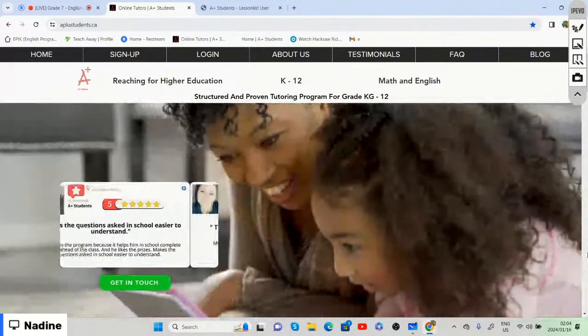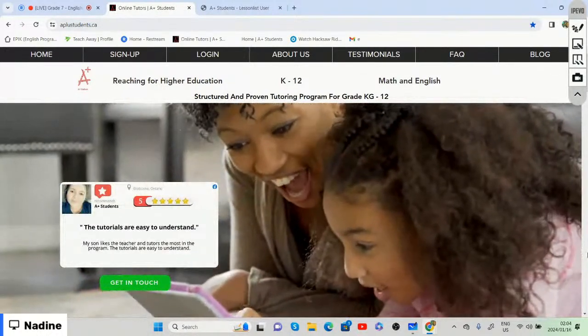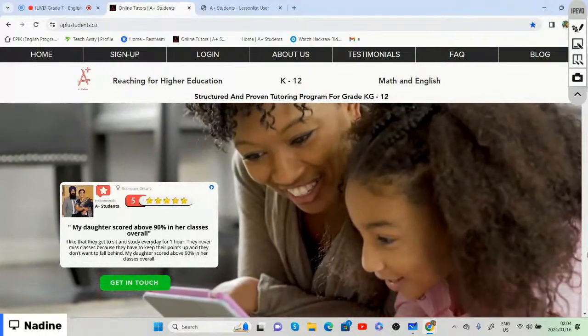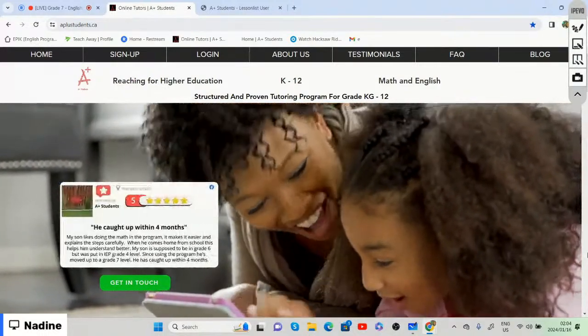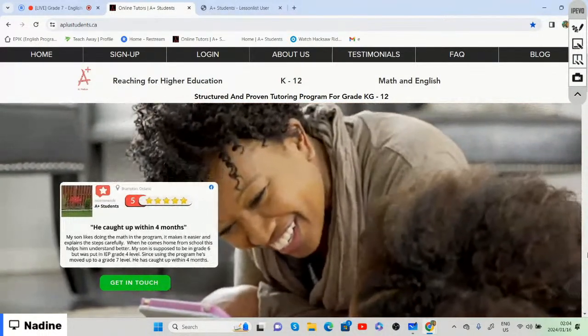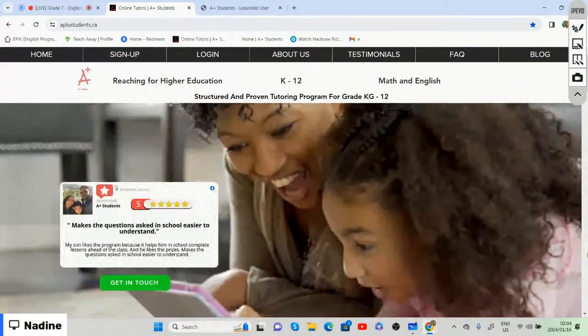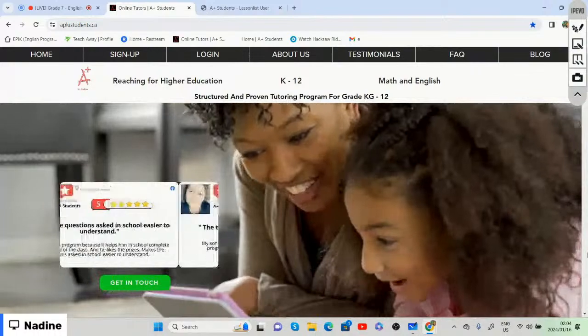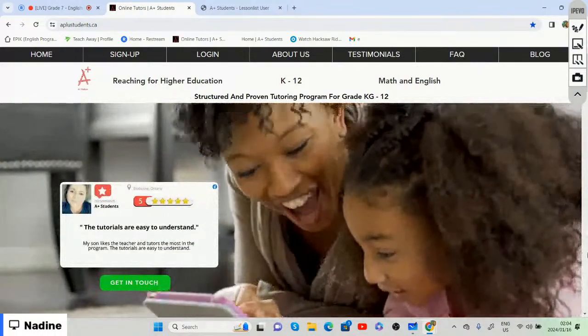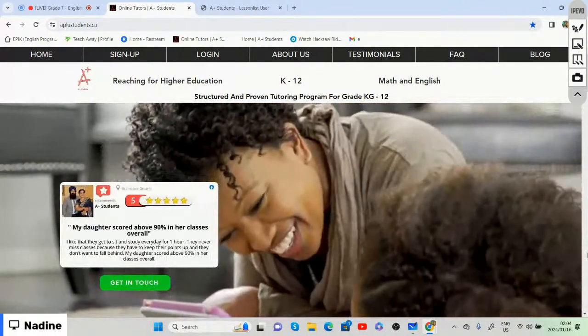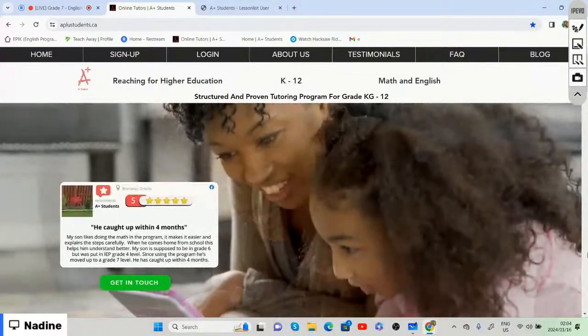Once you've logged on to aplusstudents.ca with our username as well as our password, then we're going to select the subject of language arts, grade 7.